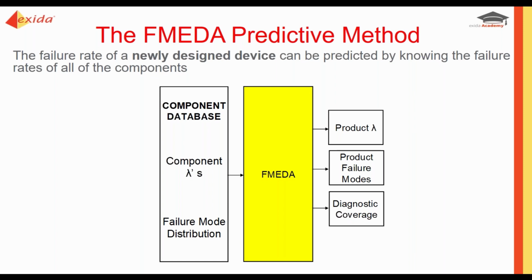Here at exida, I can't speak for others because I haven't seen those, but our component database is broken down into every single thing you need for that device, whether it's a nut, bolt, screw, O-ring, resistor, anything you can think of that's on that bill of material is listed in the component database. And each one of those components has a failure rate associated with it and ways that it can fail.